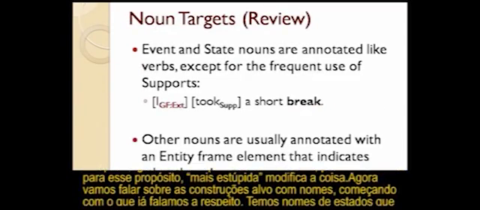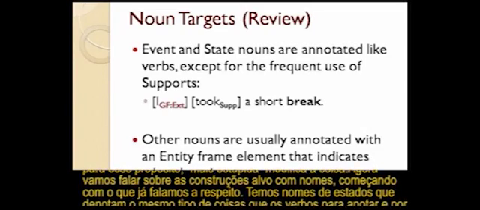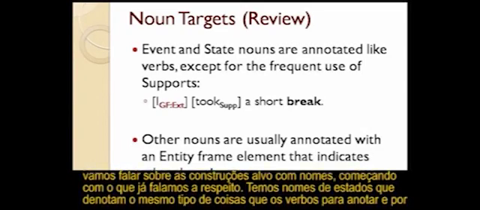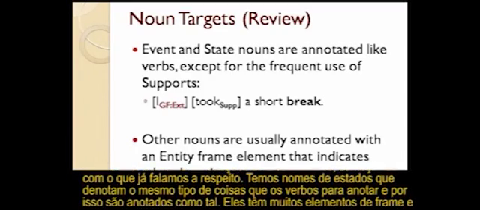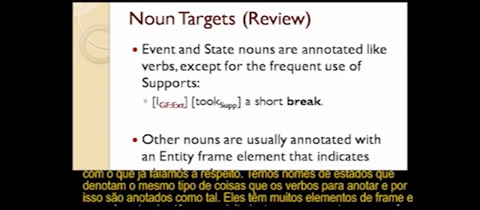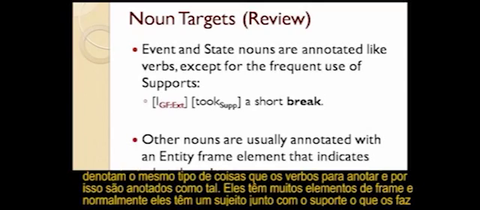Now let's talk about some special structures with nouns. We'll start with what we've already talked about. So event and state nouns, which are nouns that denote the same kinds of things as verbs denote. Well, they're annotated pretty much like verbs.